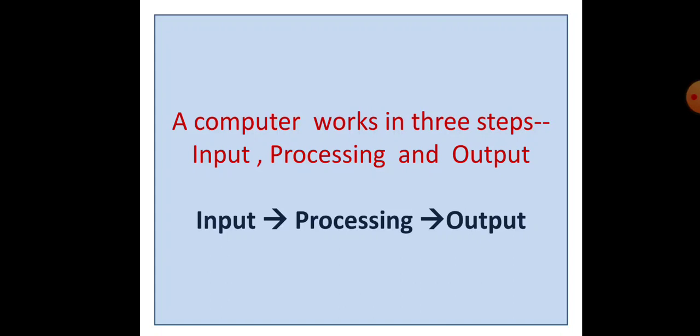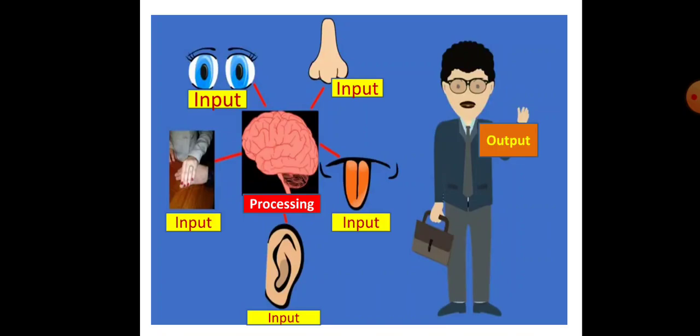Input, first step, processing, second step, and output, third step. So, in our human body, there are input units, processing unit, and output units. We also perform or work in 3 steps.